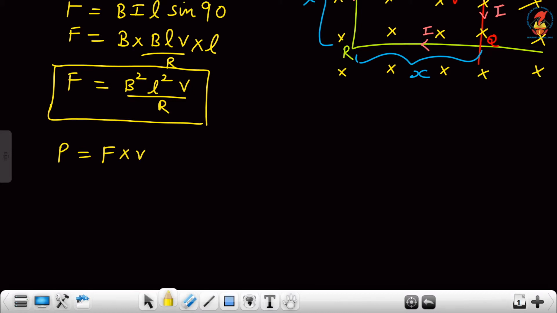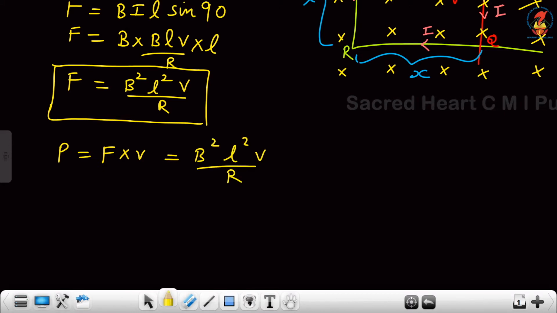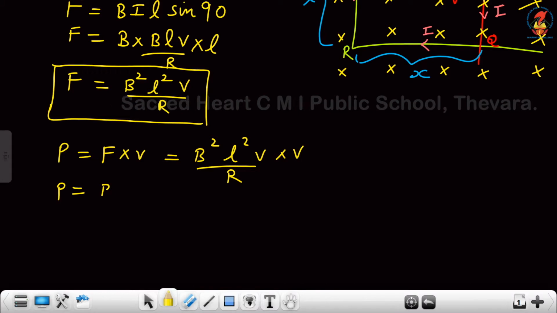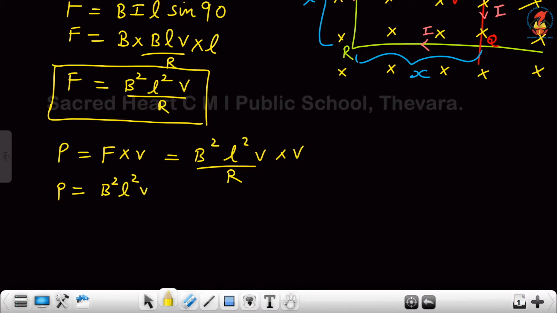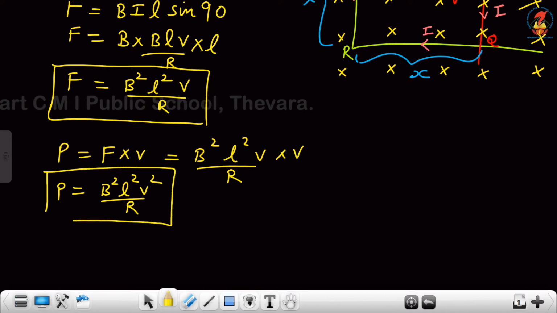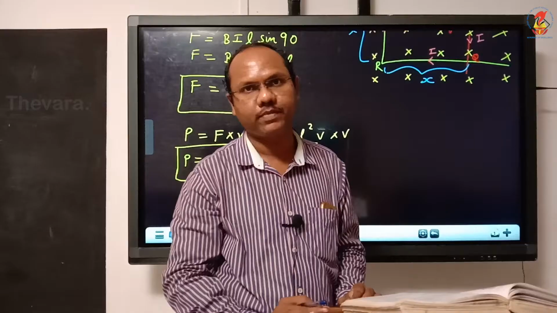We already got the expression for the force as B square L square V by R. So force into velocity, therefore, we will get the answer as B square L square V square by R. This is the expression for the mechanical power applied by the external agency.